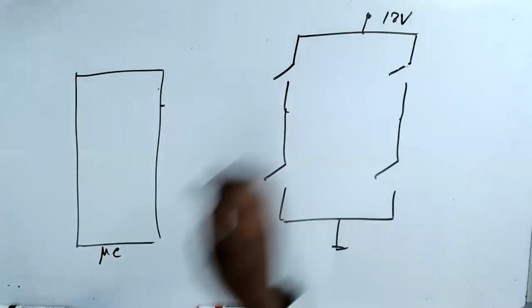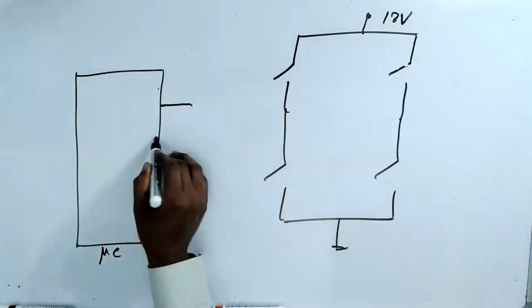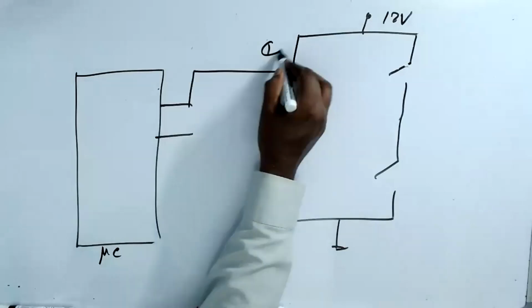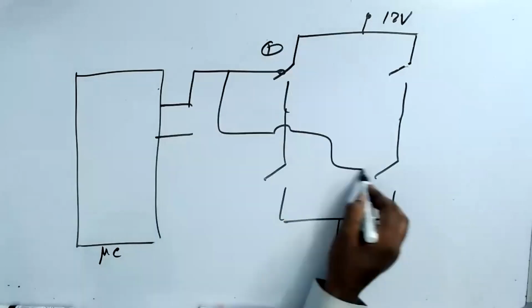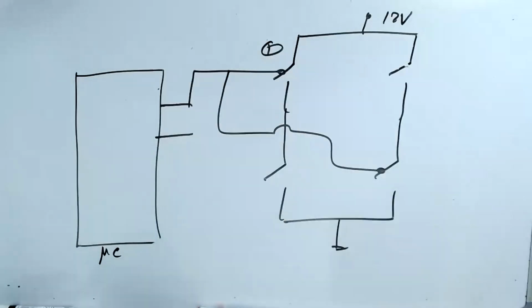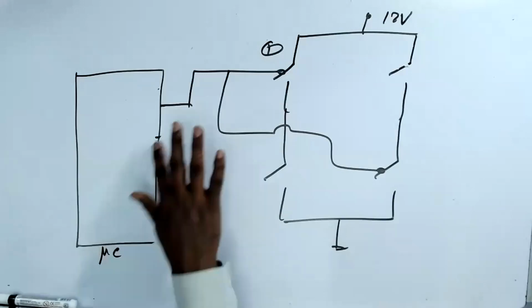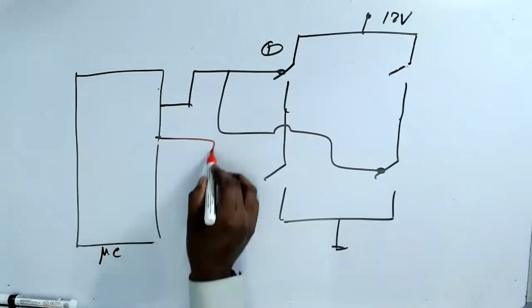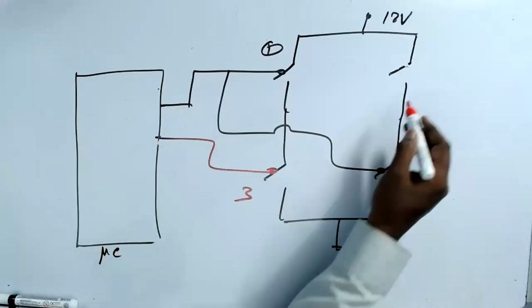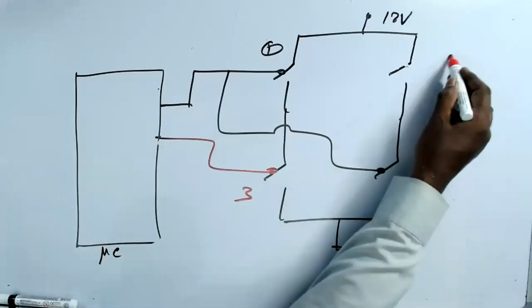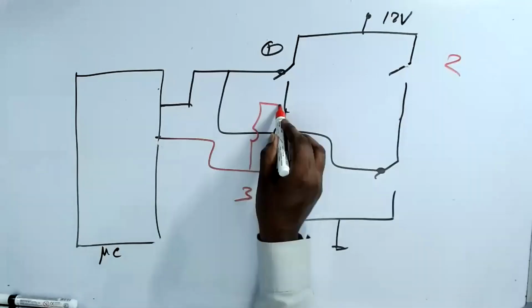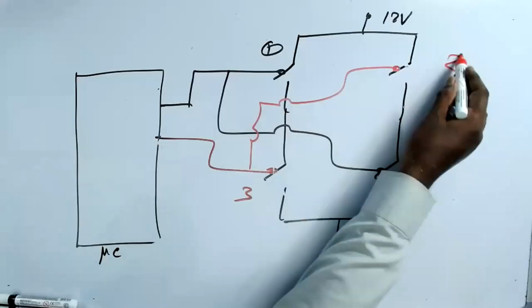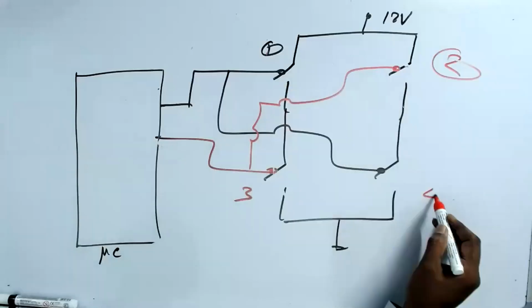This is controlling relays 1 and 4, and this is controlling relays 2 and 3. In between, you connect the motor.